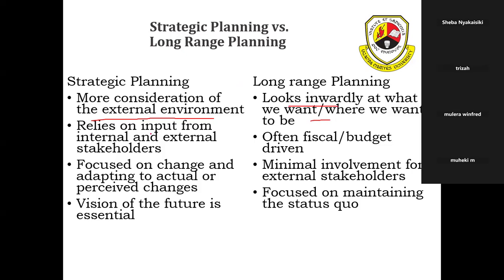Strategic planning relies on input from internal and external stakeholders, whereas long-range is mostly looking at the fiscal budget. Yeah, it's budget-driven. Strategic planning is focused on change and adaptation, whereas long-range has minimal involvement from external stakeholders. Strategic planning is the vision of the future, whereas long-range planning is focused on maintaining the status quo.